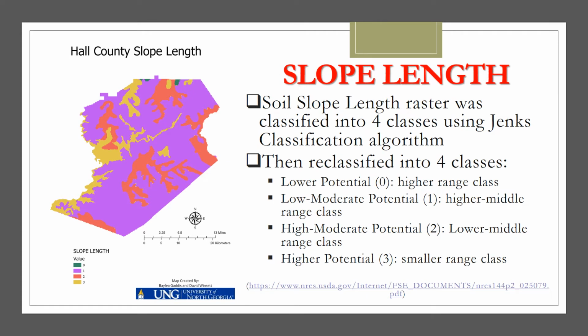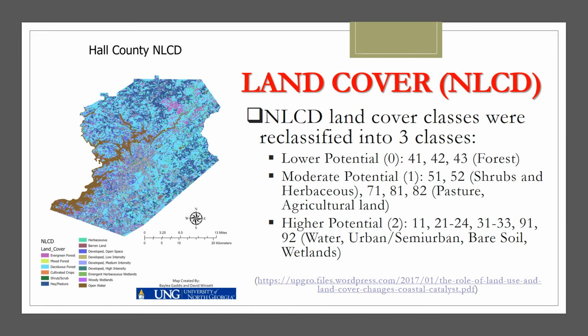Slope length, exactly similar, we have 4 reclassified groups based on their potential. Then the next one is land cover. The figure is not exactly showing the reclassified classes, but we had 3 classes.